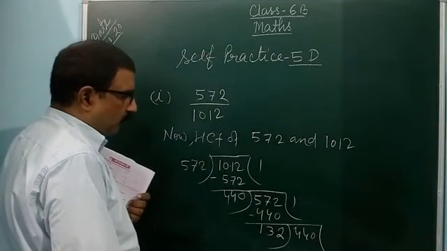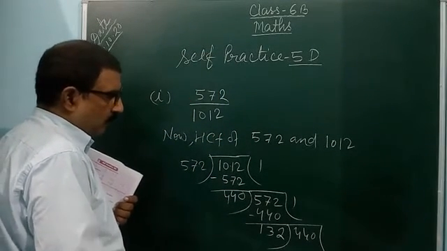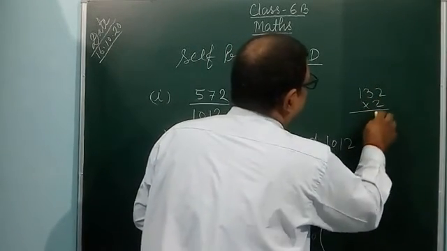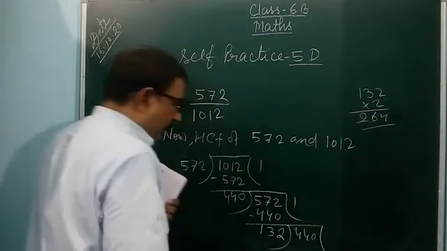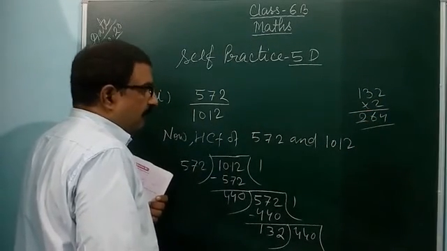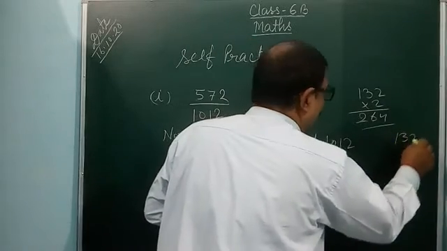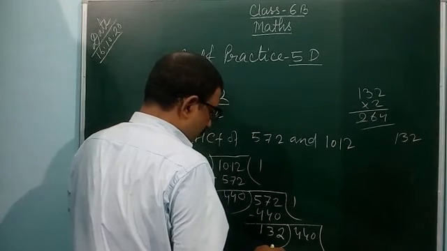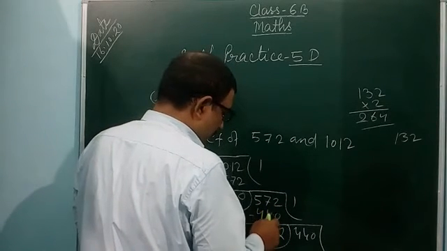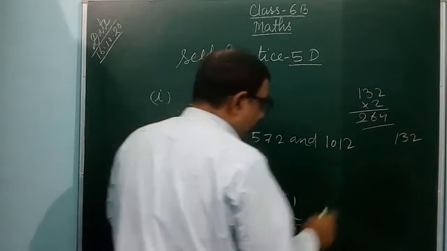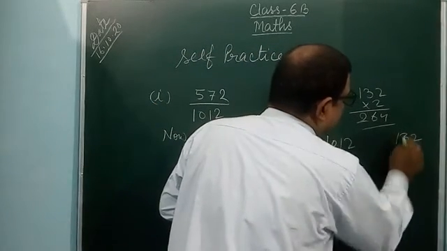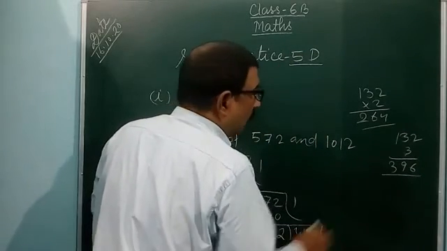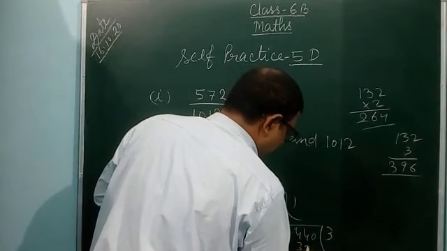If you are using 2 times, 132 2 times is 264. 3 times you can use 132: 3 times 2 is 6, 3 times 3 is 9, and 3 times 1 is 3, 396. So 132, 3 times is 396.